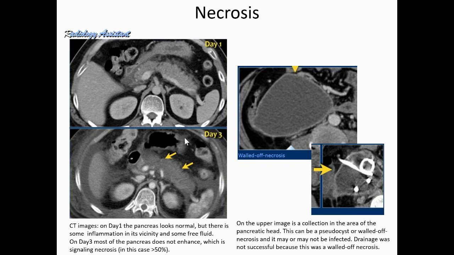This left image I have shown you previously. So if any part of the pancreas doesn't enhance the contrast media, then that's suggestive of necrosis, and that's not a good sign.